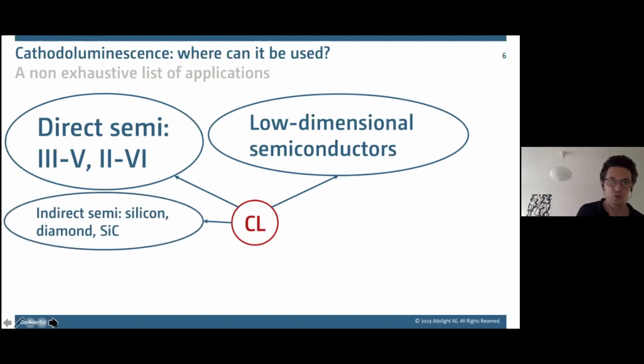Then you have, of lower importance but yet with quite a bit of potential, indirect semiconductors. Just like in photoluminescence spectroscopy, any semiconductor material will emit light, provided you cool it down enough. This is really the case with silicon, where we've had some success, for instance, measuring dopant concentration locally.